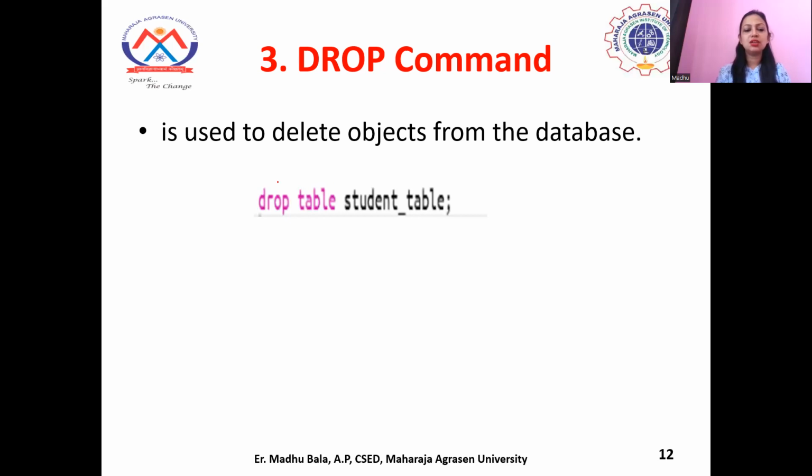You can make use of the drop command for that. Simply you need to write drop, then the table keyword, followed by the name of the table that you want to drop, that you want to delete from your database.